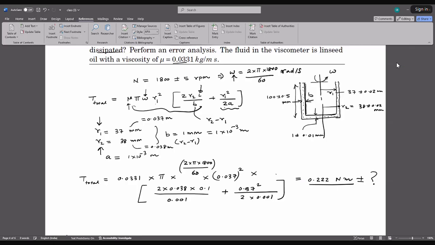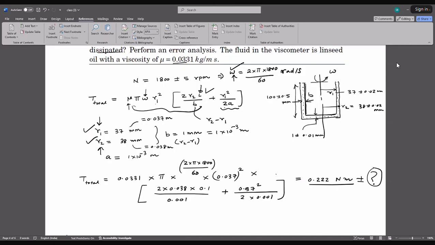So how do these uncertainties in omega, L, R1 and R2 propagate to give an uncertainty in the value of torque? That is the question.